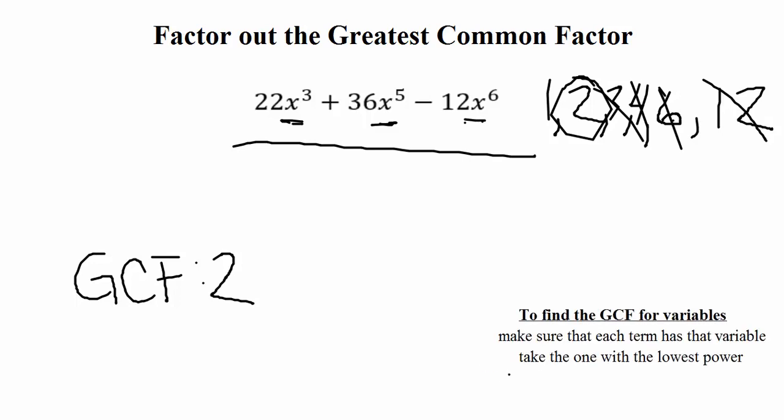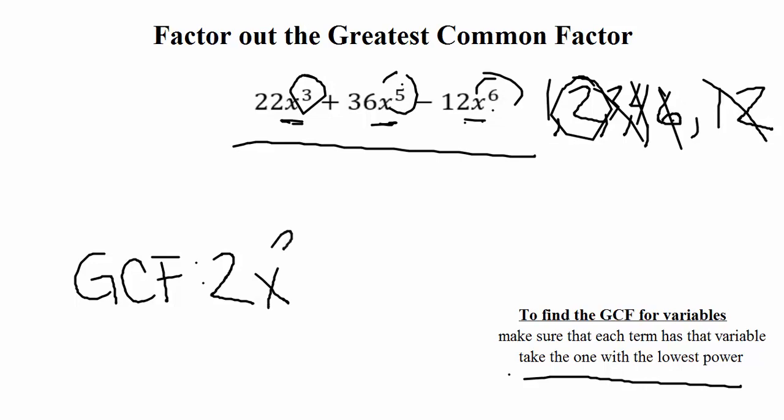So remember, when it comes to the variables and finding the greatest common factor, as long as each term has that variable, we want the one with the lowest power. So looking at 3, 5, and 6, we want to take the 3. So that's x to the third. So our greatest common factor is 2x to the third.